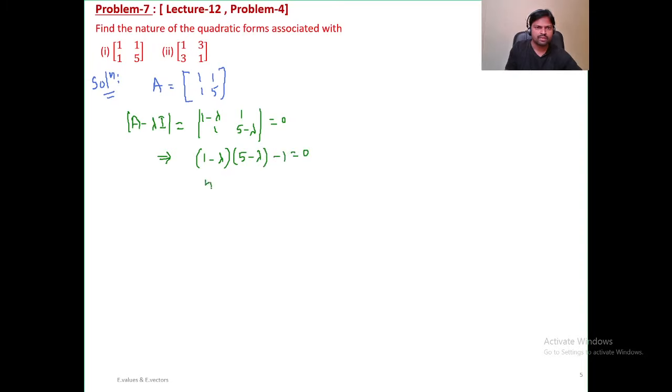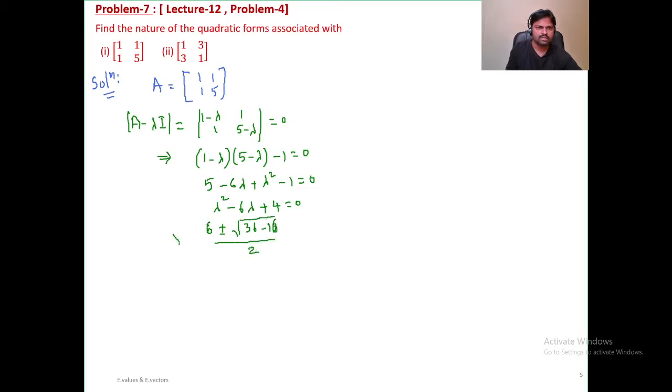Then 1 5 is 5, minus 1 lambda, minus 5 lambda, so minus 6 lambda, and plus lambda square. Okay, and minus 1 equal to 0. So finally lambda square minus 6 lambda plus 4 equal to 0. Now use the formula minus b plus or minus square root of b square minus 4ac, divided by 2a. So minus b plus or minus square root of 36 minus 4ac, 4ac is 16, right? Divided by 2.